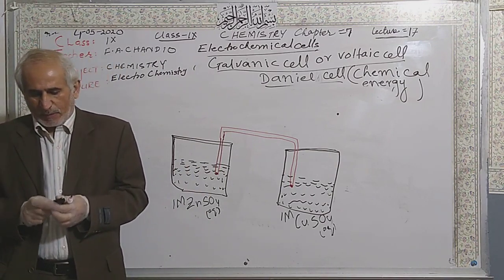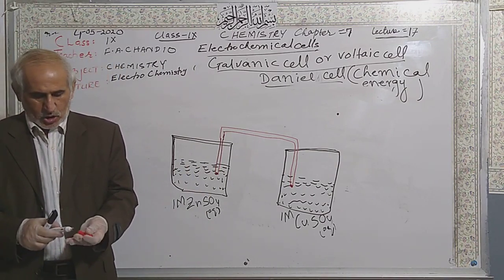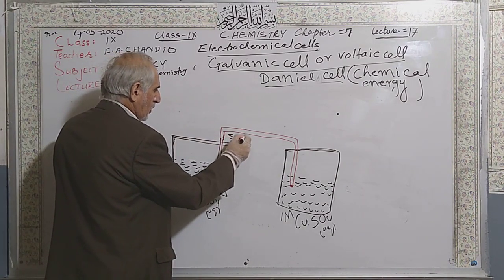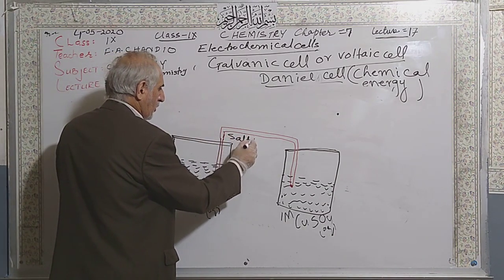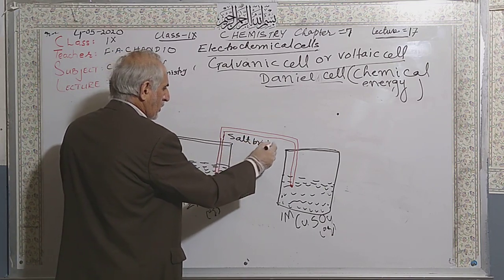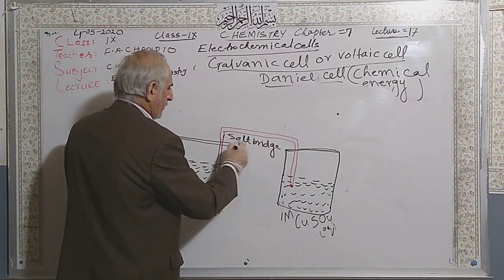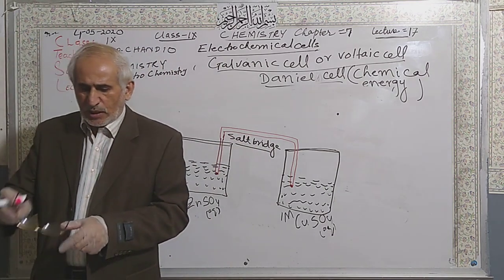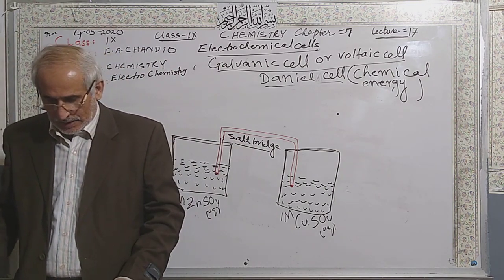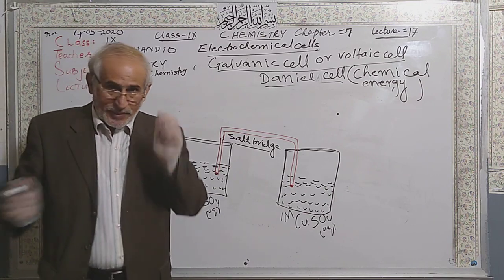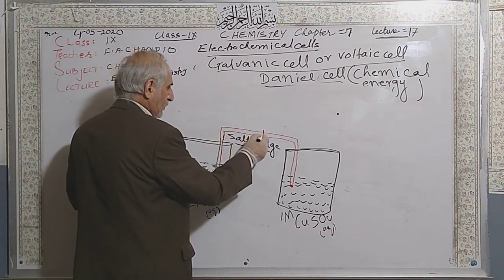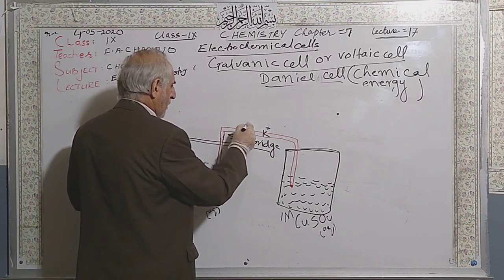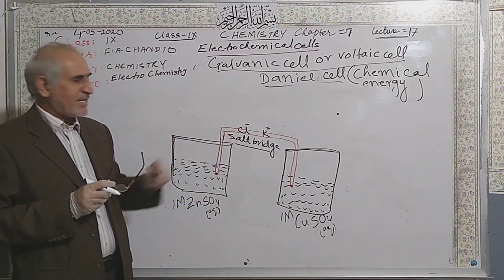This device is called a salt bridge. This salt bridge contains potassium ions and chloride ions in gelatin.